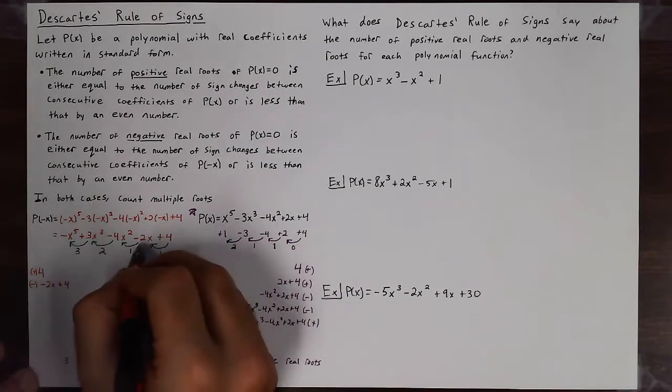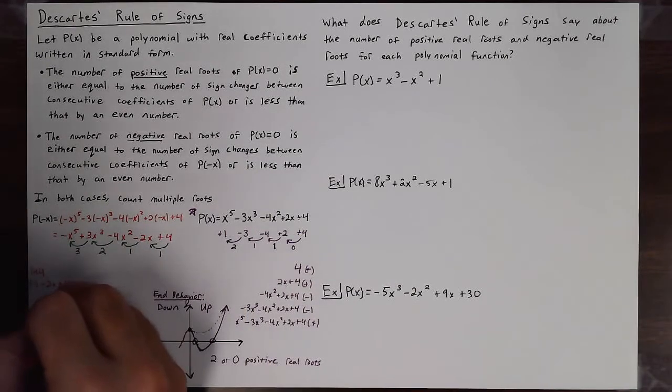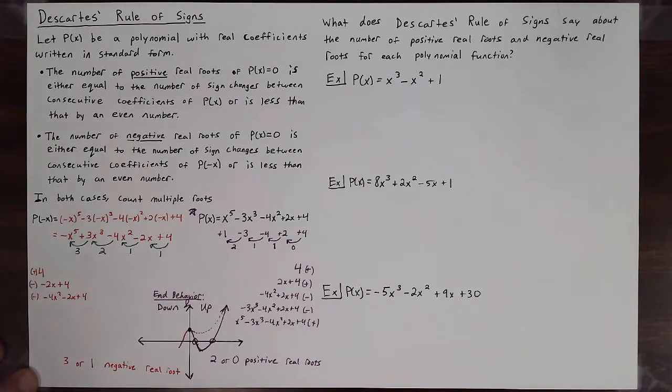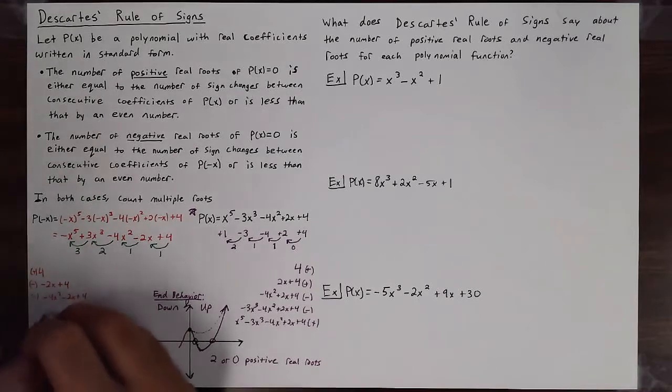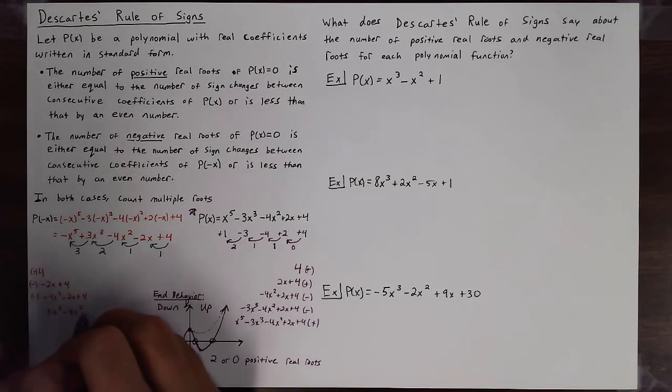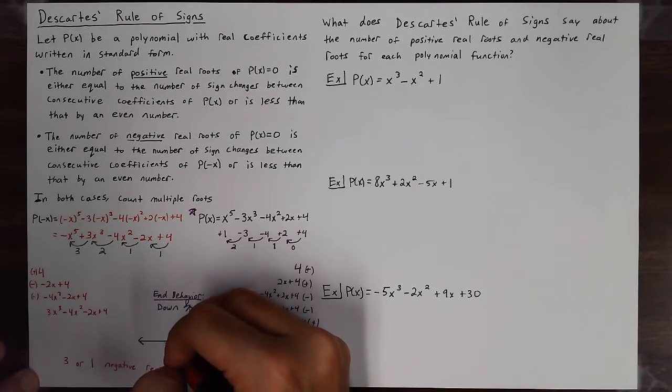Now, as I continue, as I add on the negative 4x squared minus 2x plus 4, this is still negative, so it kind of keeps me below the x-axis. But the next chance for it to come back up to the top is from this 3x to the third power. With 3x to the third power, that entire polynomial has a chance to become positive. So even though I'm below, there's a chance it can come back up.